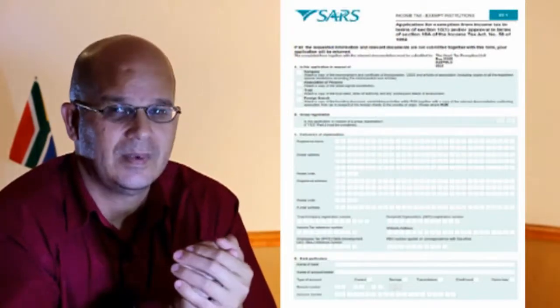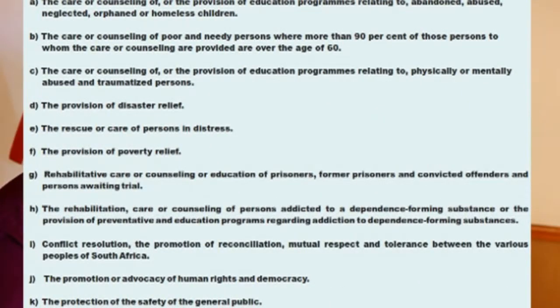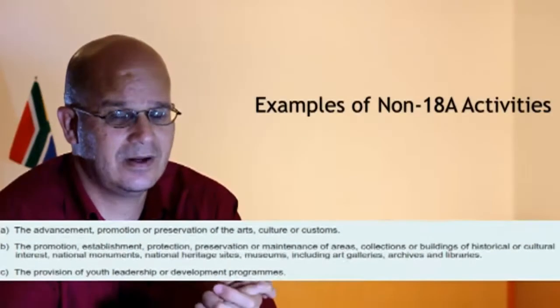I guess the easy way to find out if activities are listed on Part 2 is to look at the application form, this form. So the activities that are in bold on this form will qualify for Section 18A status. There's a list of over 60 activities, but not all those activities are in bold.